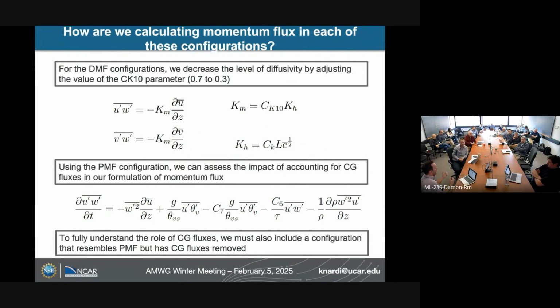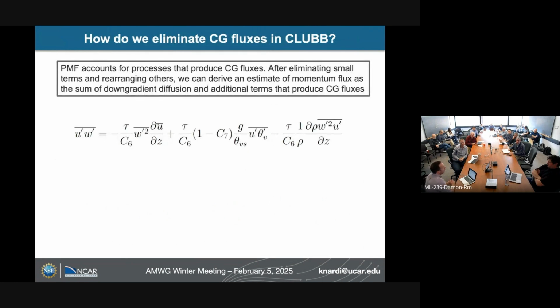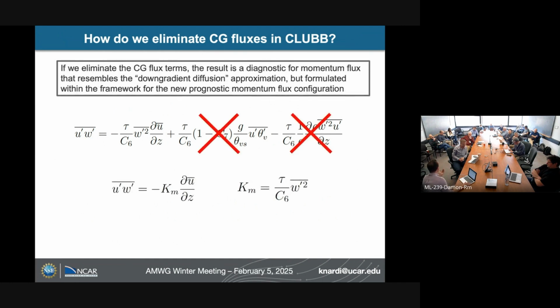that resembles prognostic momentum flux but has the countergradient fluxes removed, as I mentioned on the previous slide. If we rearrange some of the terms from the prognostic momentum flux formula, we can get this diagnostic for momentum flux that includes essentially the old eddy diffusivity formulation, but also buoyant production and turbulent advection. What we're going to do is remove these 2 terms here: remove buoyant production and remove turbulent advection.